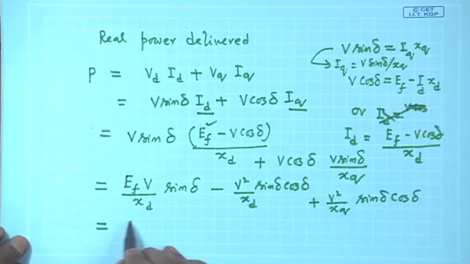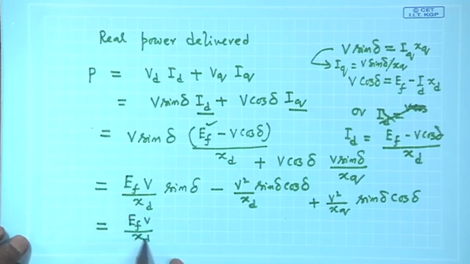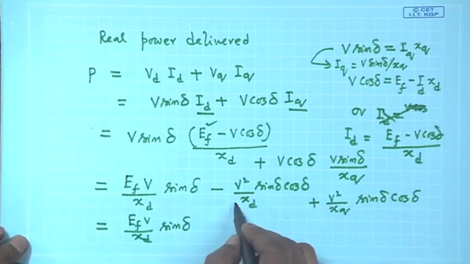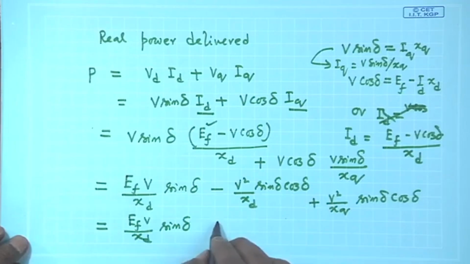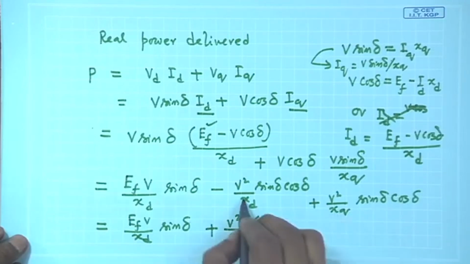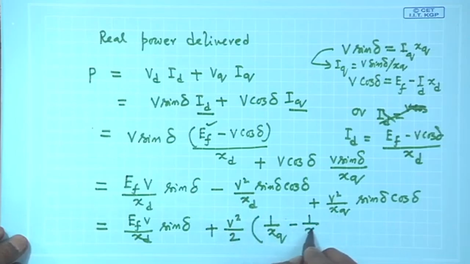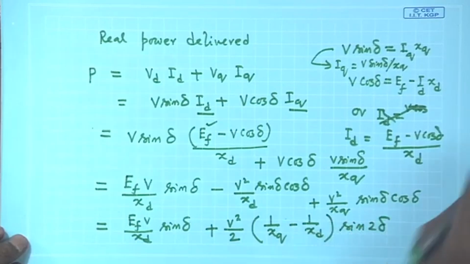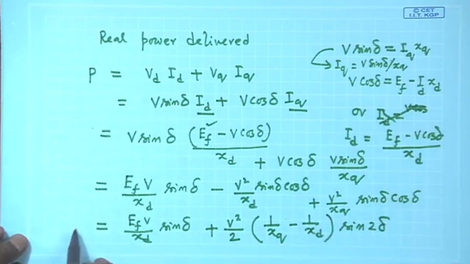Now, this one, do not disturb it, I have already got it, sin delta, nice form. Then these two you divide by 2, multiply by 2, so that it will become V square by 2 and then (1 by XQ minus 1 by XD) into sin of 2 delta, and this is the expression for power.